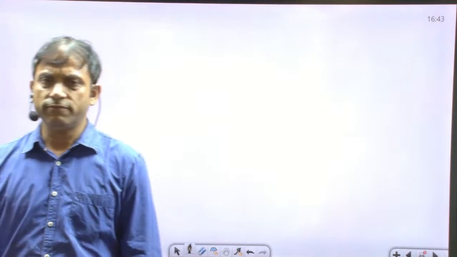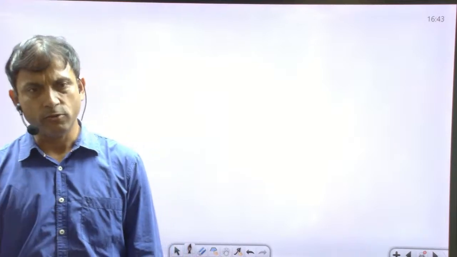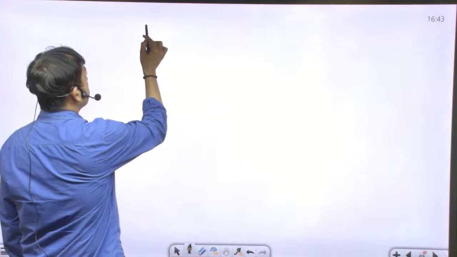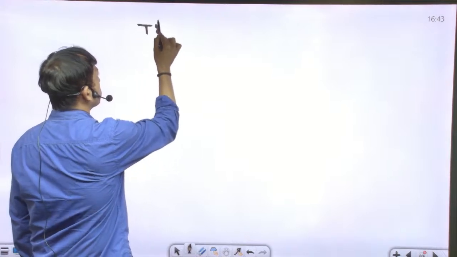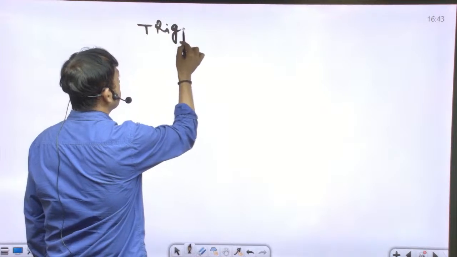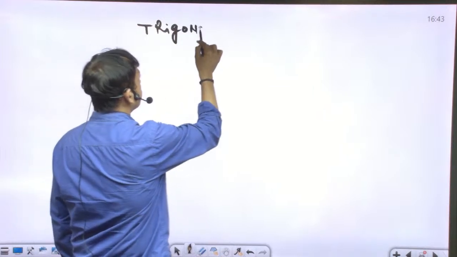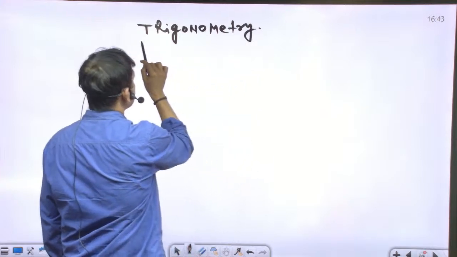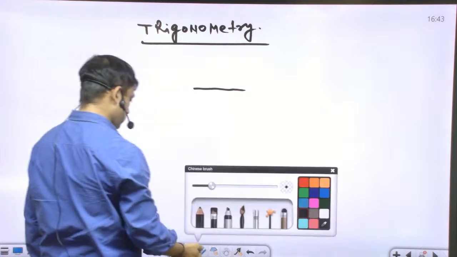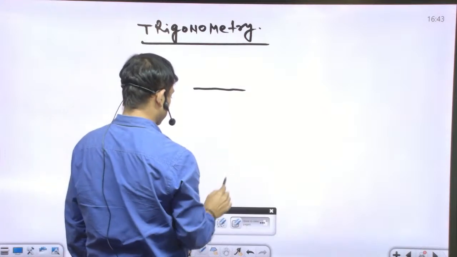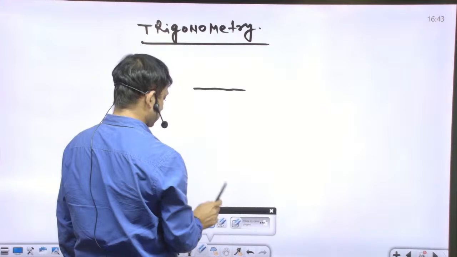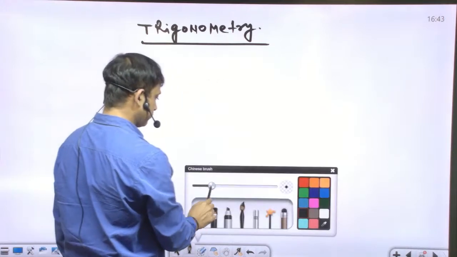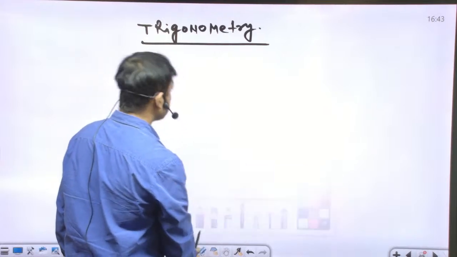I think first trigonometry and then after that geometry. So the topic is trigonometry, a new topic. After trigonometry, I will start geometry.